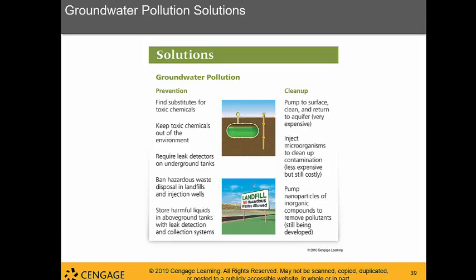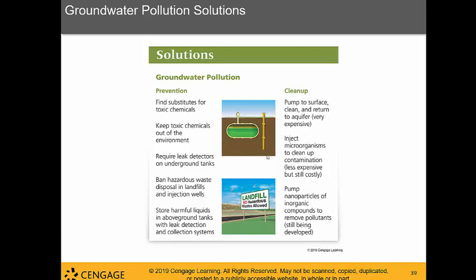If instead we've messed up and some pollution has entered the groundwater, we can sometimes use special microorganisms to clean up contamination. Or we can even drill and pump the pollutants to the surface, but that's much more expensive than any type of prevention.